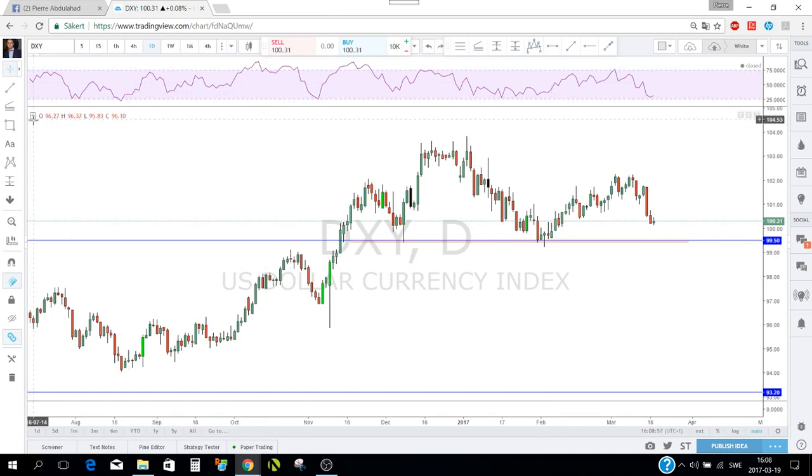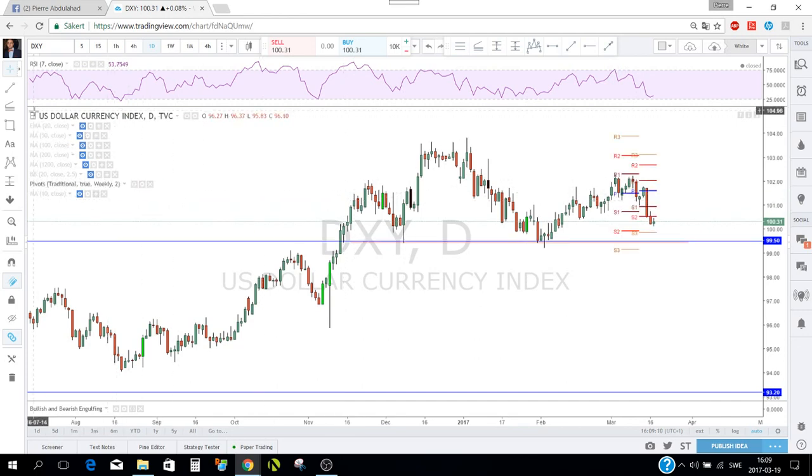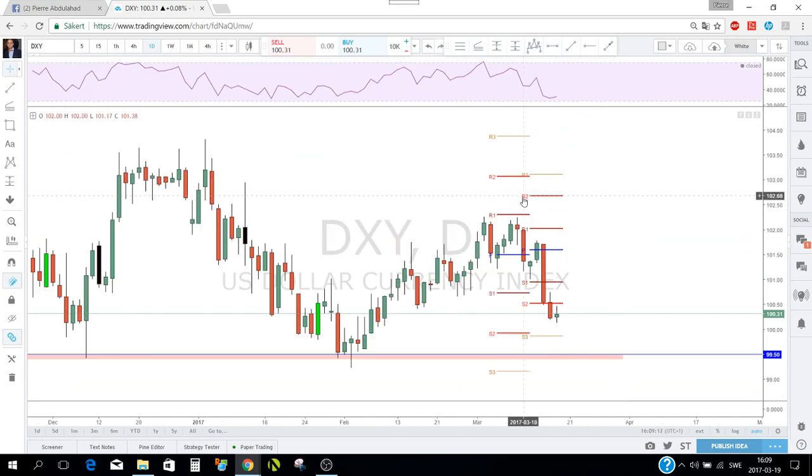As usual, we start with the Dixie, guys, and last week and the week before, I was talking about this level and about the importance of those pivot points here. This was the weekly R1, and at first we got this double top here, and I was saying that if price is not breaking this pivot point, we should see maybe a bounce to the downside on the Dixie, and that's exactly what happened.